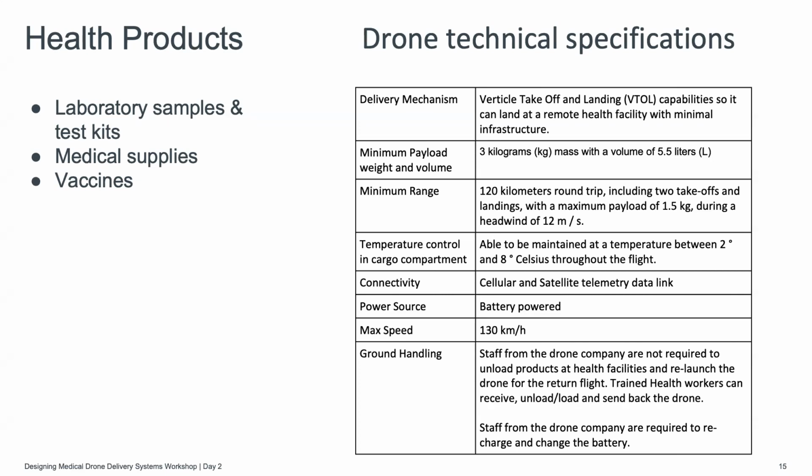At the health facilities, the products can be unloaded and loaded by trained health workers, and they're able to then signal for the drone to head back. Can we go to the next page? Yeah, that's actually our last slide. So that's the last slide.